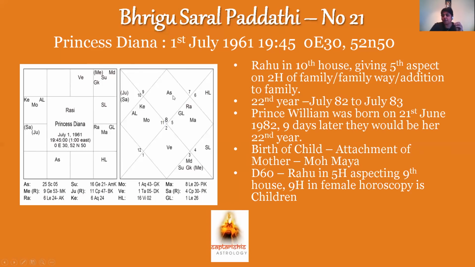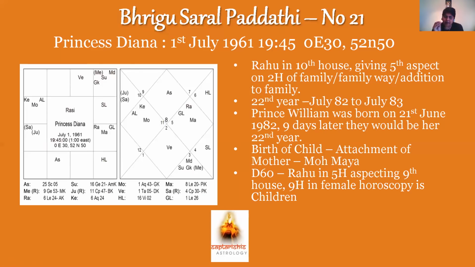The 22nd year for Princess Diana was between July 1982 and July 1983. Prince William was born on 21st June 1982, just a few days before her 22nd year, the second house, became active. But usually we do give a couple of days for each house, either before or after.